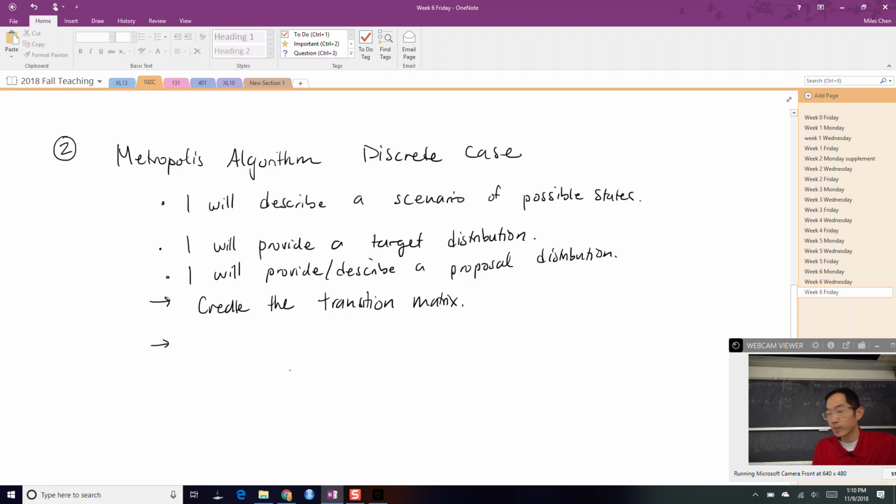You will, I guess, look at, if I give you the current distribution, you will find the distribution at the next time interval.